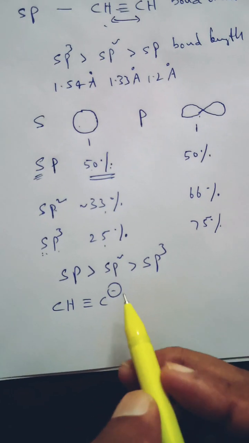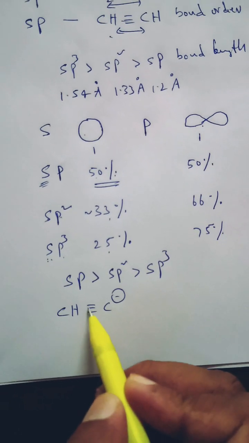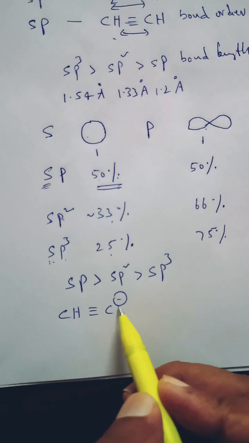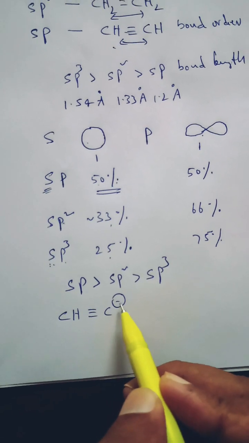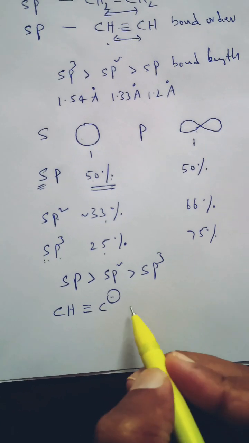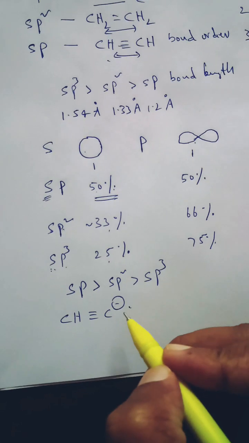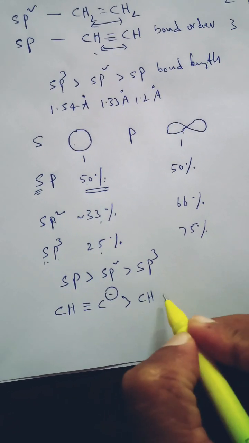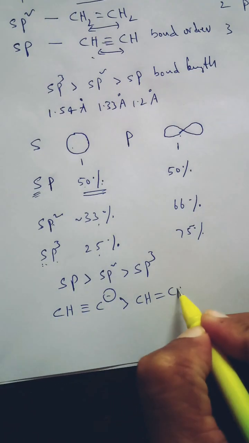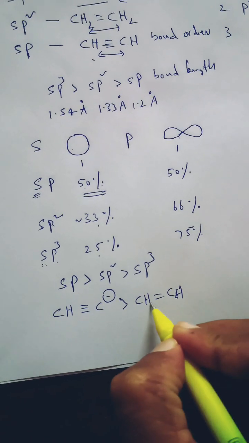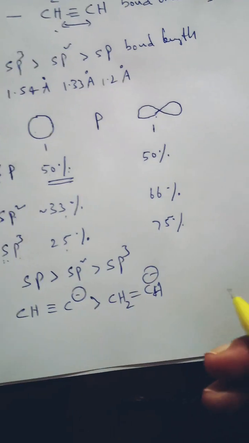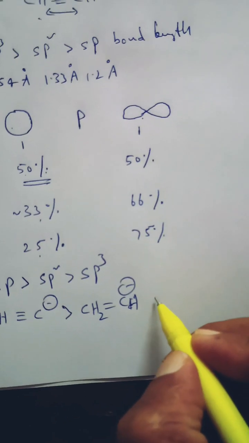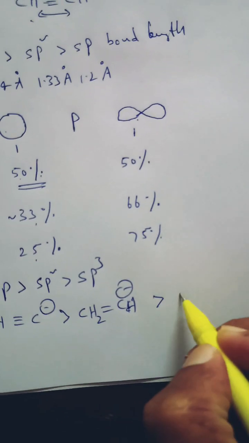this one is more stabilized because the triple bond is there. This carbon stabilizes the anion more, that means that carbon is more electronegative compared to this one, and comparingly this is least stable.